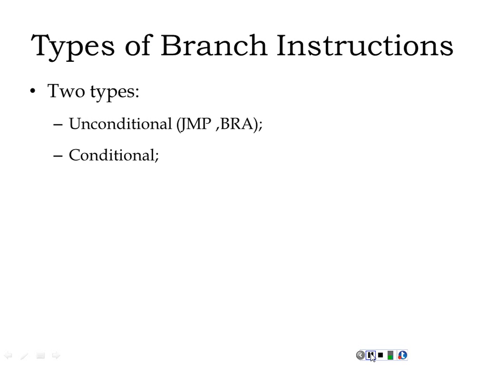What does unconditional mean? Anytime you write them, your program will branch for sure. It doesn't matter what happens, your program will branch. But some of the branches, which are the most interesting ones, are conditional, and these are more useful.